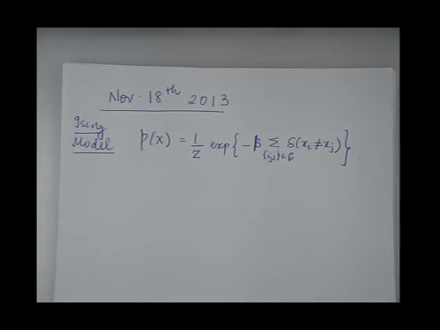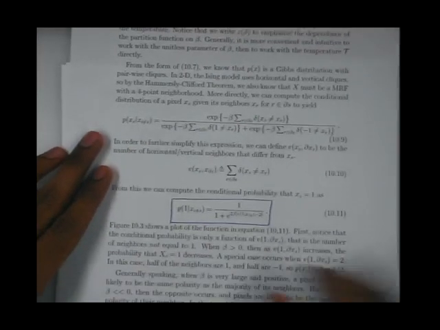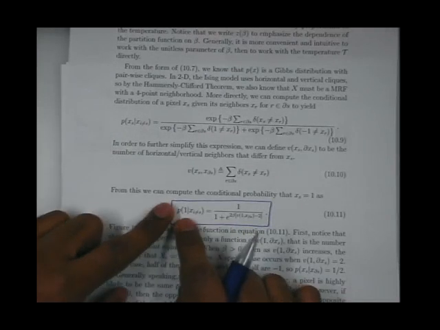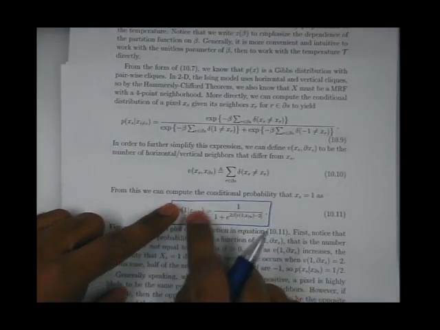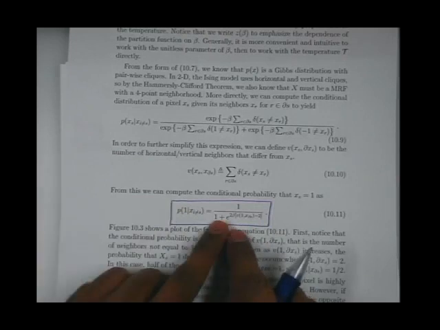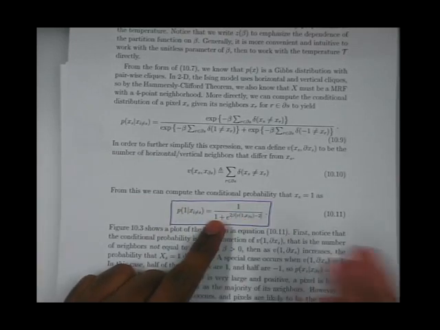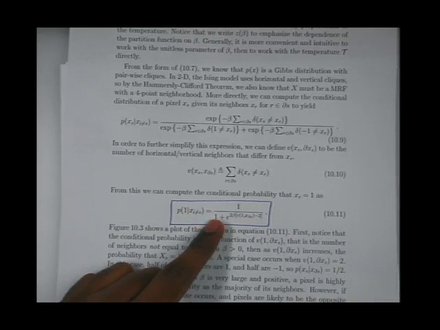I'll quickly go over the 2 or 3 key results that we looked at last time. The first result was this: given that type of Ising model, the conditional probability of a pixel being 1 given every other pixel is only a function of the neighbors. And for large values of beta, it basically penalized neighbors being different.